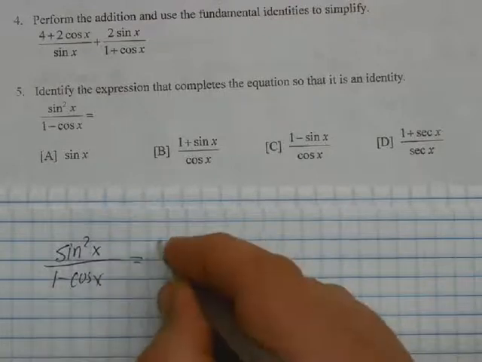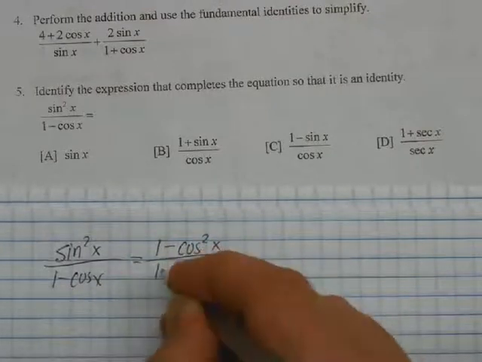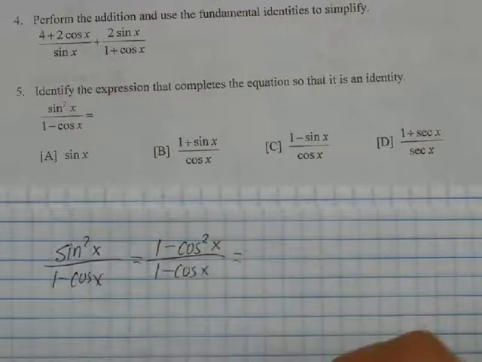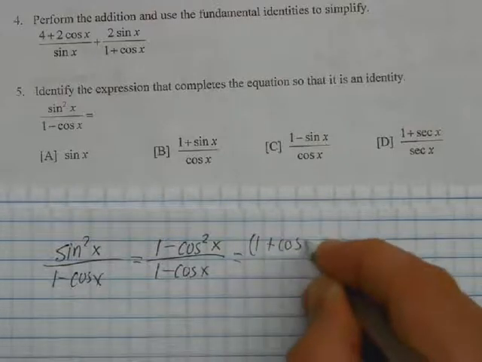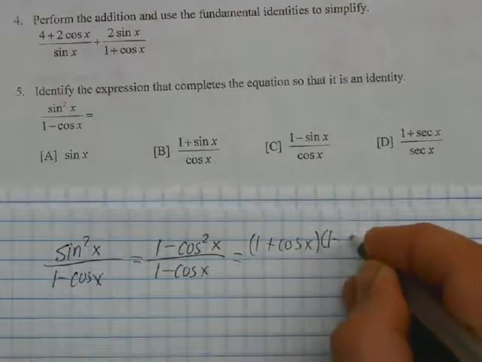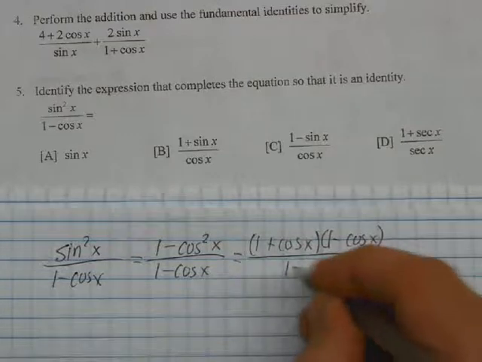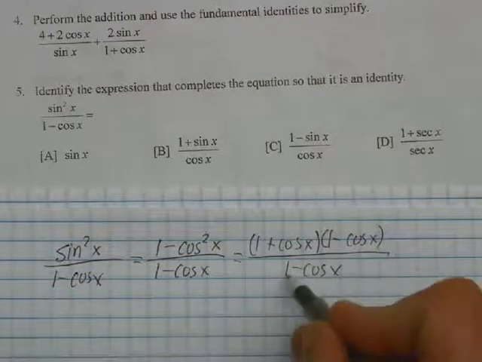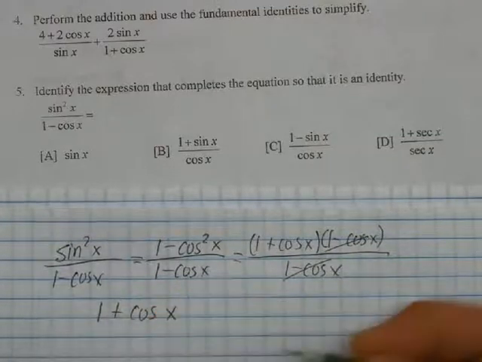I know sine squared is 1 minus cosine squared x. And I know I can factor the top as 1 plus cosine x times 1 minus cosine x all over 1 minus cosine x, which gives me 1 plus cosine x.